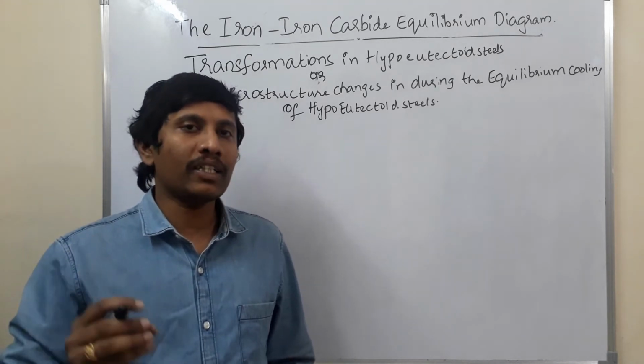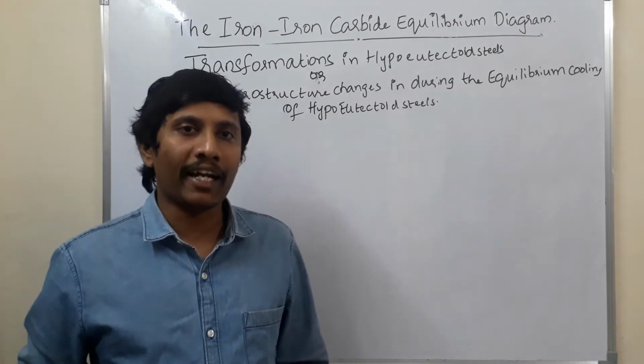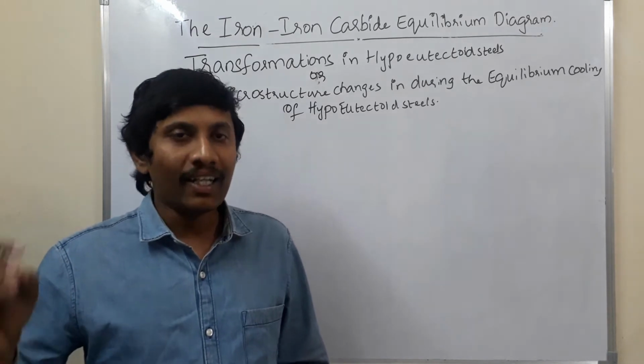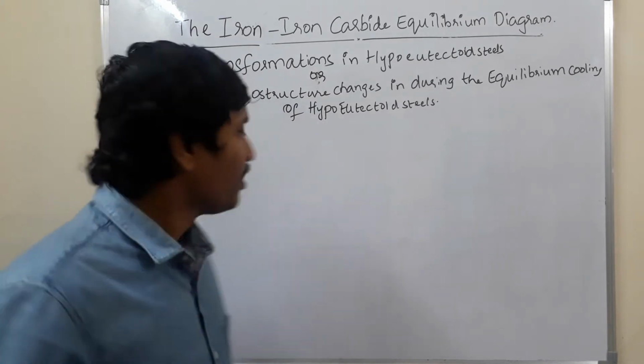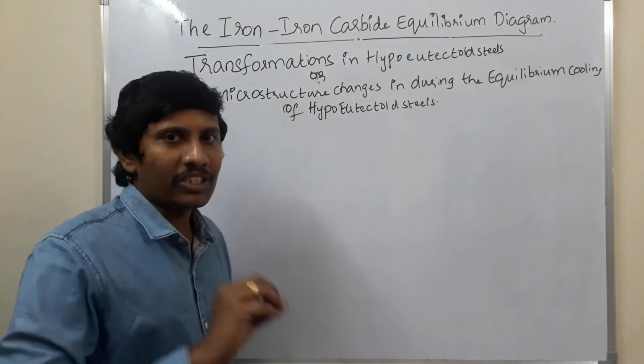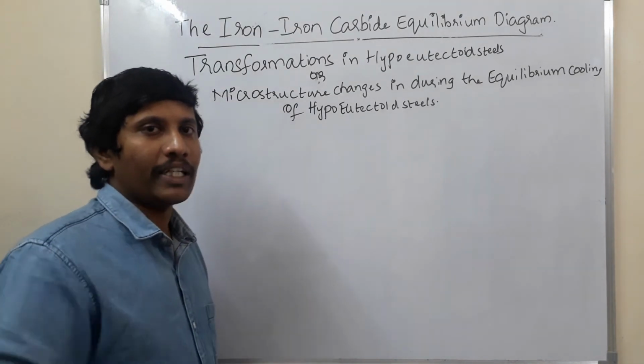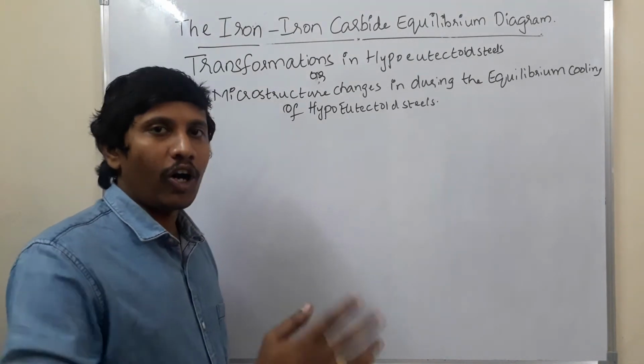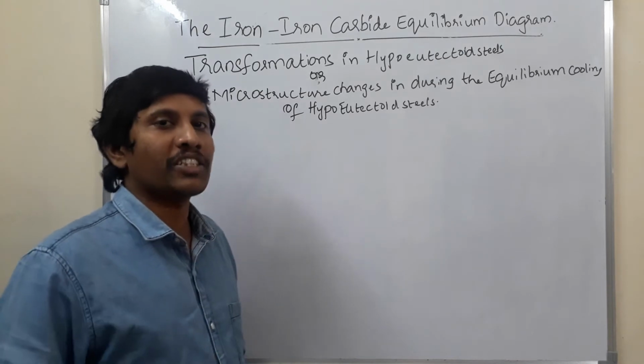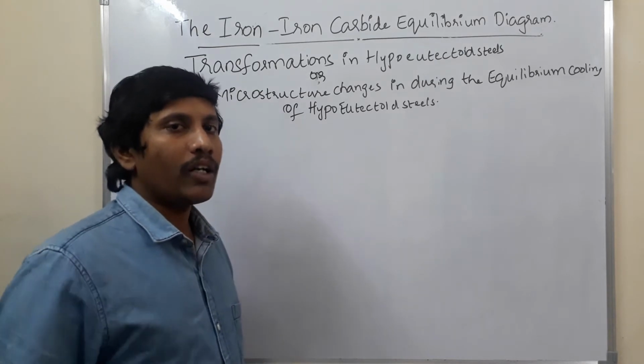That's why we are calling this iron carbon equilibrium diagram the iron carbide equilibrium diagram.